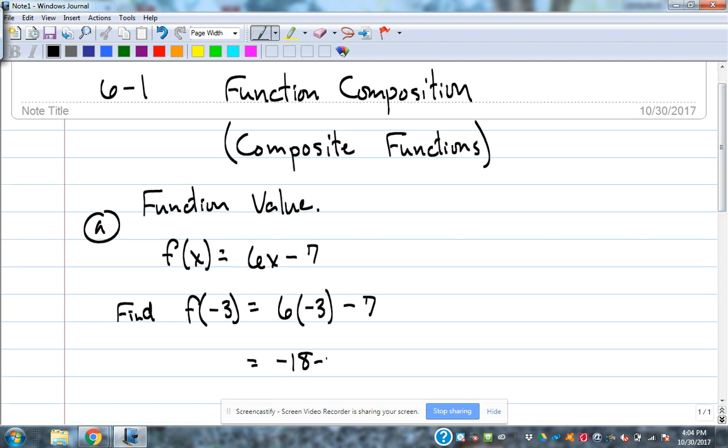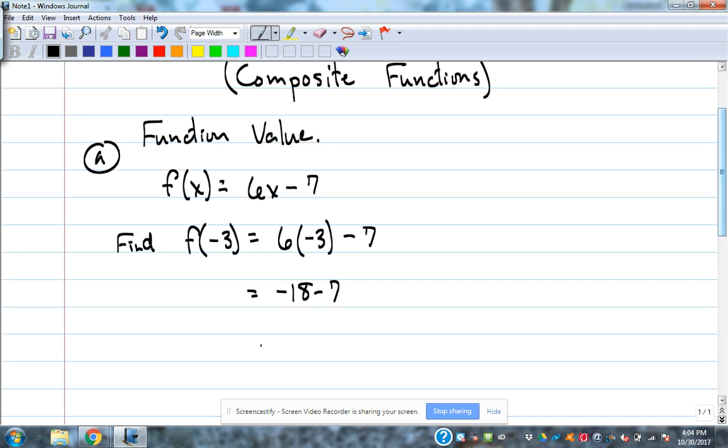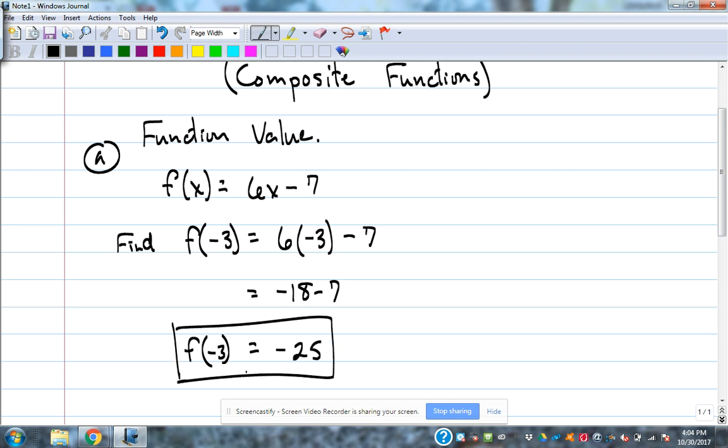Be negative 18 minus 7, and then be negative 25. So that gets us that function value. Also creates an ordered pair if we needed that of negative 3, negative 25, x and y.